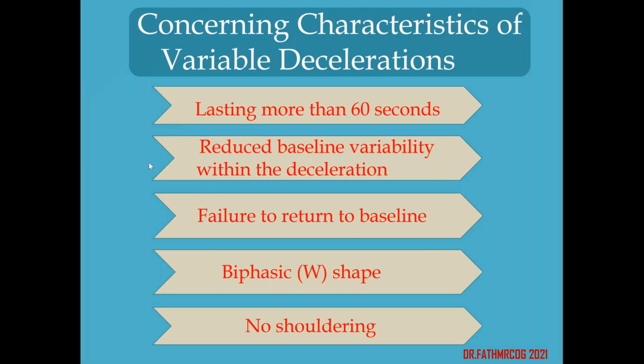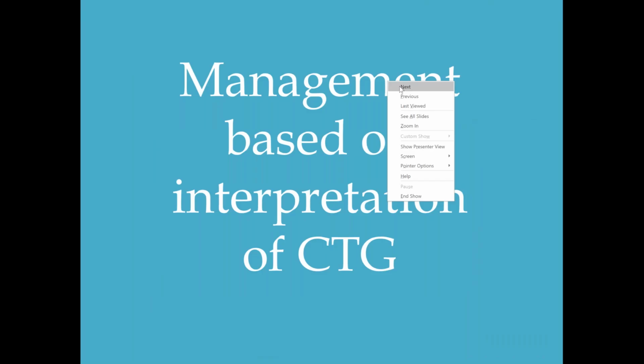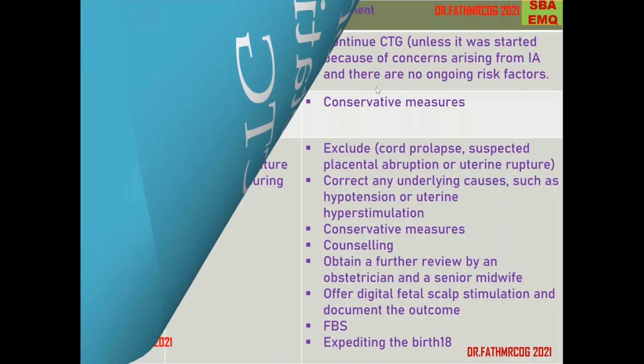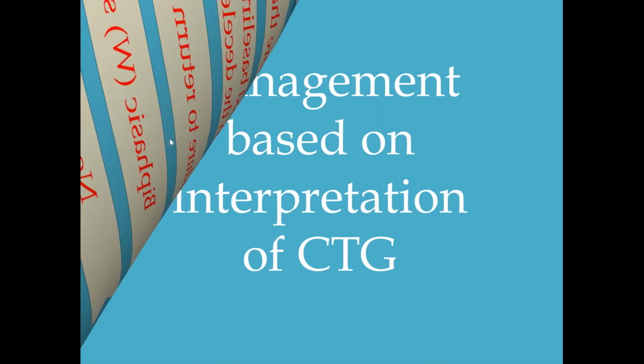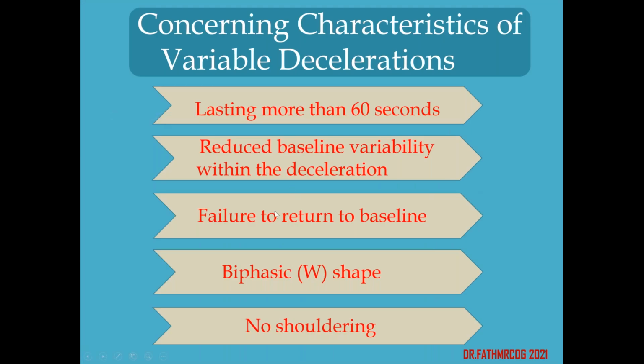Welcome. Is there any difference between failure to return to baseline and the W shape, biphasic? What is the difference between failure to return to baseline and biphasic? Biphasic is like this.